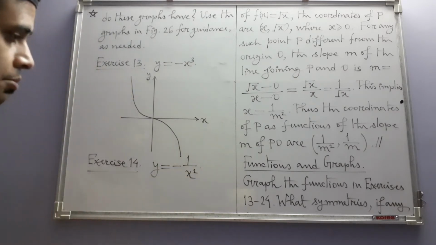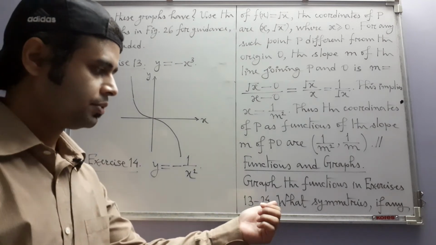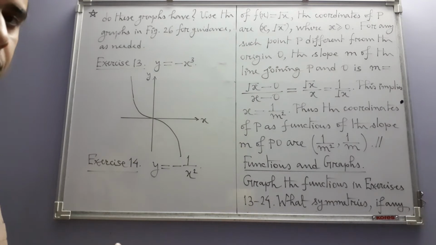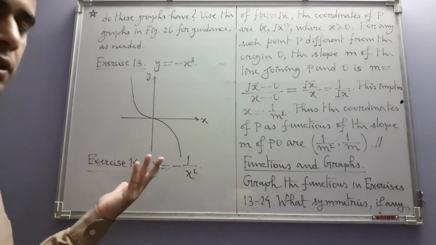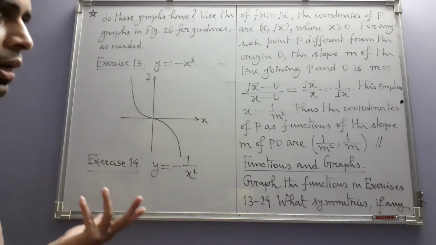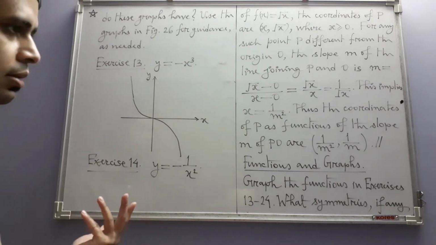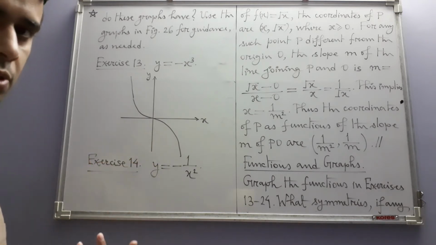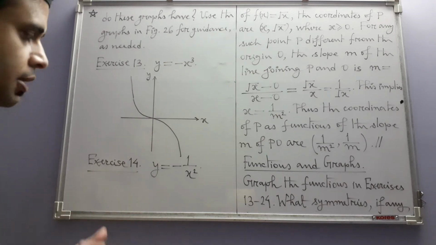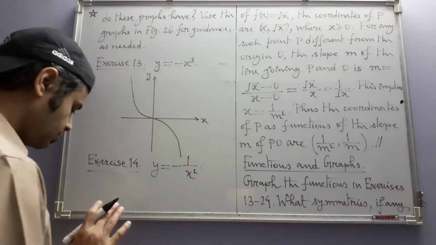And also one more thing, you have to figure out if the graph has any symmetry. We have already discussed the types of symmetries that a graph can have. Either it can be symmetric about the x-axis, or symmetric about the y-axis, or symmetric about the origin, those types of things. Okay, so that also I am not going to say.